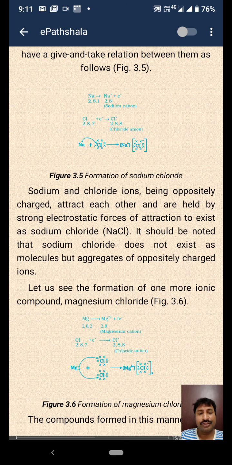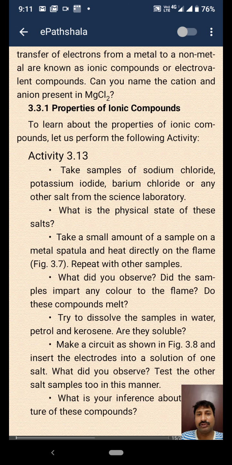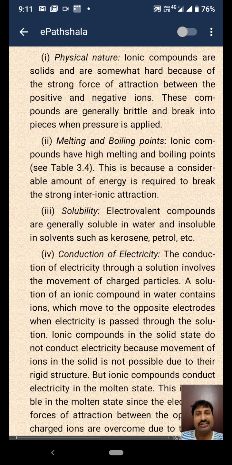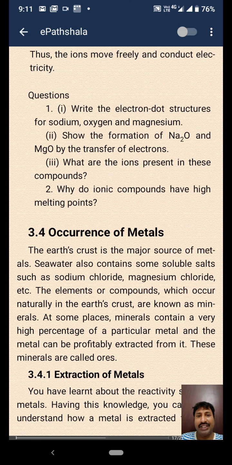See, for sodium the atomic number is 11, the outermost electron is 1, so 1 dot is kept. For chlorine 17, 7 is the outermost shell, so 7 electrons are kept. So chlorine will gain 1 and sodium gives 1. That is why sodium is positively charged. So electronic configuration is also a very important thing.